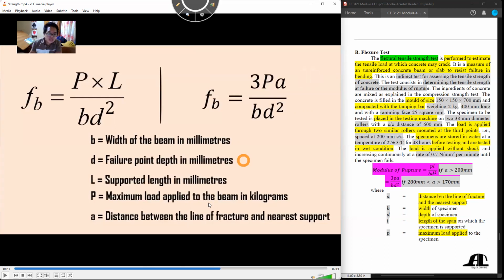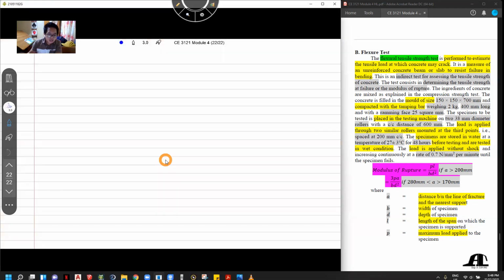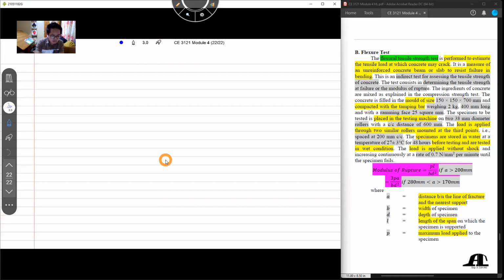Okay? So again, class, i-summarize natin yun. Supposedly, class, ang next test natin is in terms of flexure. So meron tayong flexure test.